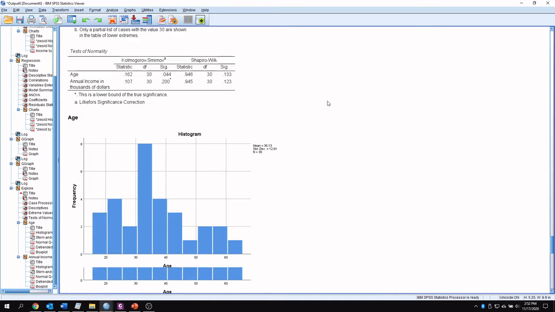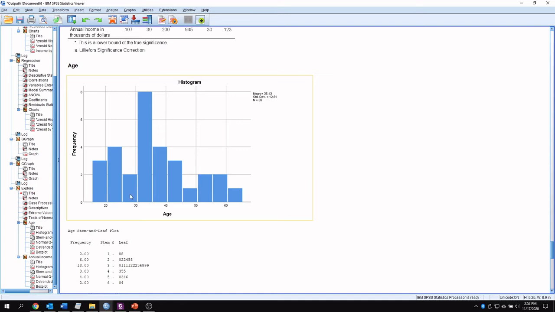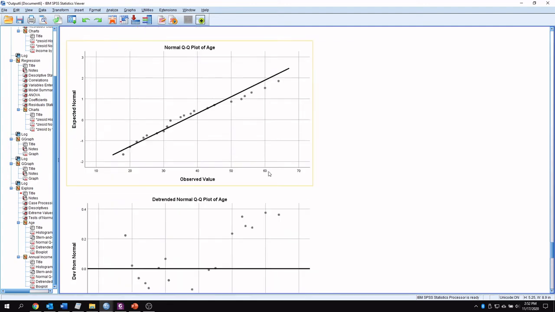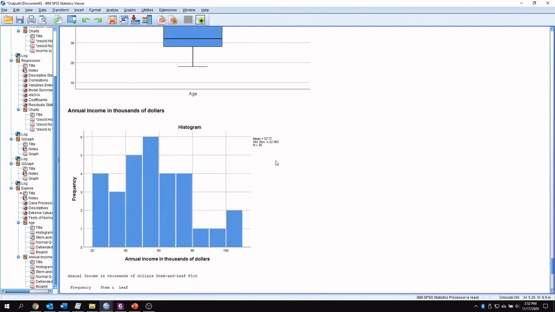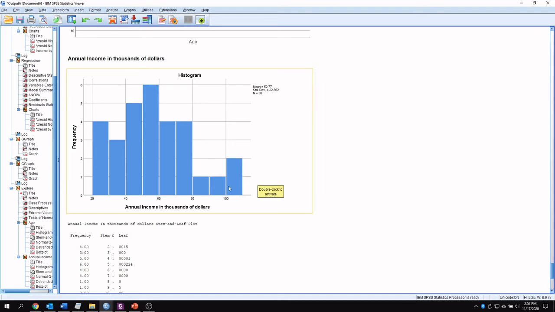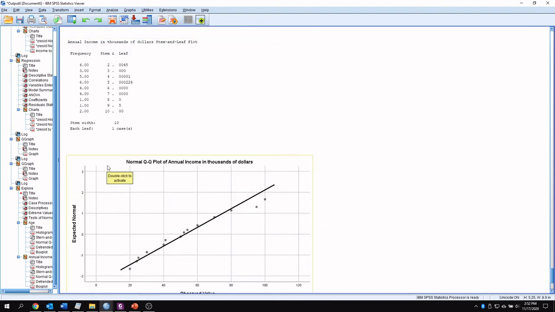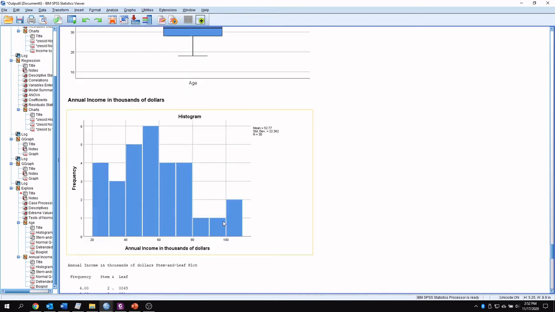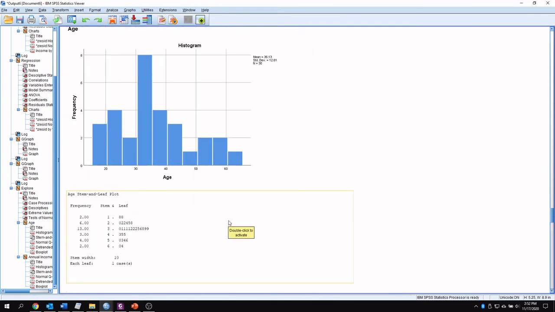If we visually want to look at it, we'll look at these histograms, and we can see it's not a perfect bell shape, but it's definitely something resembling one. And again here, not a perfect bell shape, but certainly something that we could say resembles one. One other thing we're going to look at here is these box plots, and we can see that we don't have any outliers. Again, all good news.